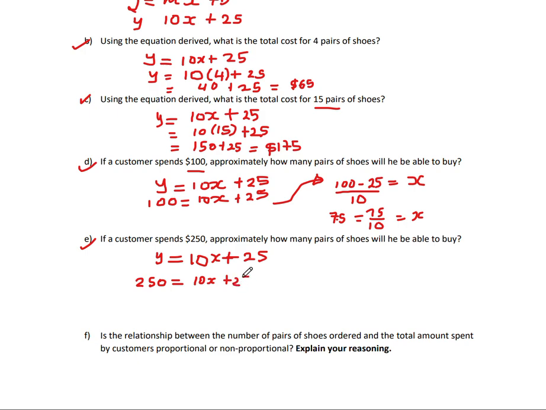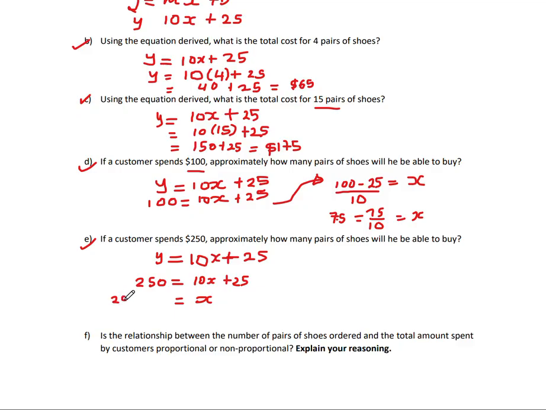Again, what is being done to x here? We're multiplying by 10 and adding 25. So we're going to do the inverse operation to both sides of the equation. So x will be on its own on the right side. The operation would successfully isolate x on the right hand side.